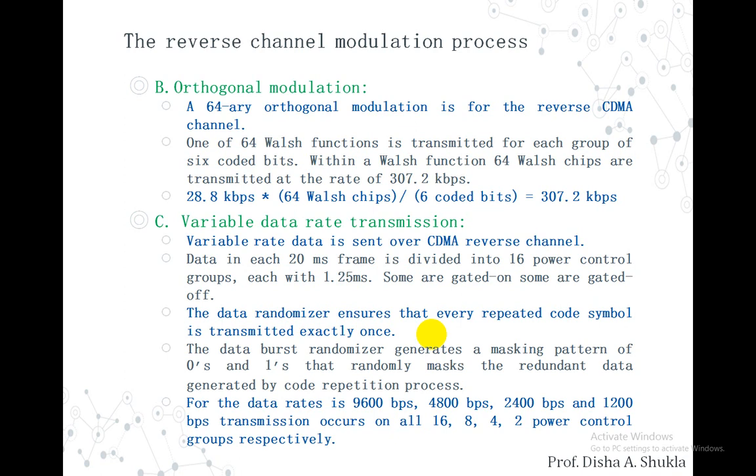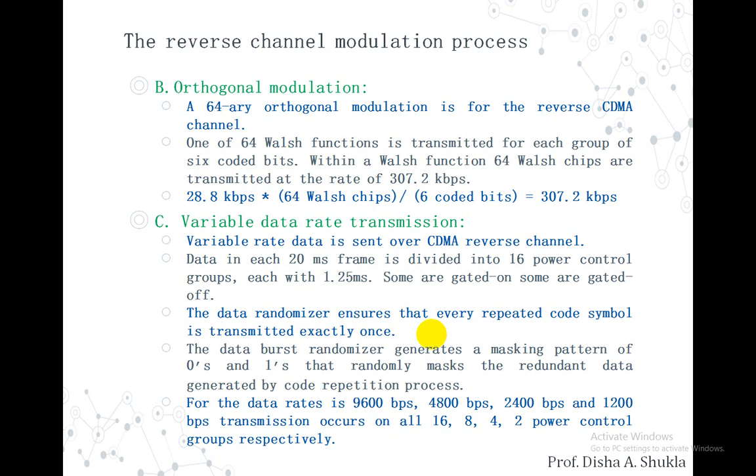The data burst randomizer ensures that every repeated code symbol is transmitted exactly once. That is, each time a particular symbol is transmitted, the randomizer ensures that the repeated code symbol is transmitted only once.